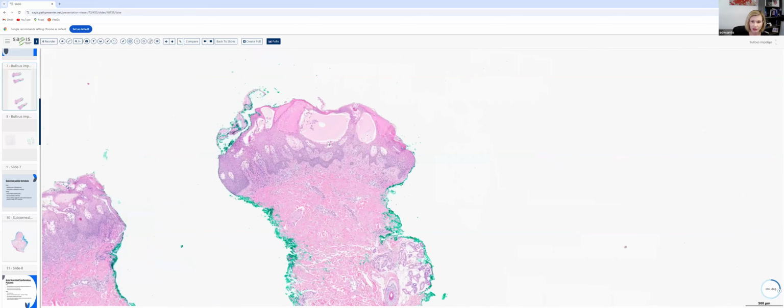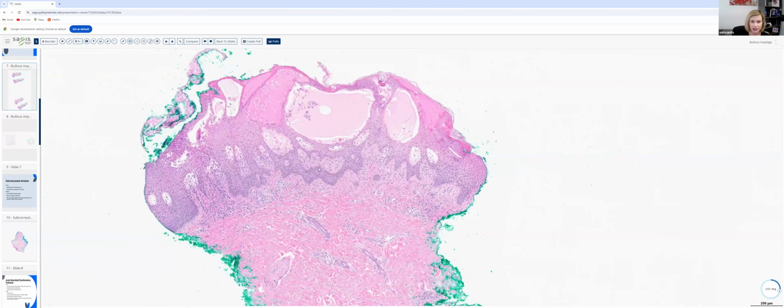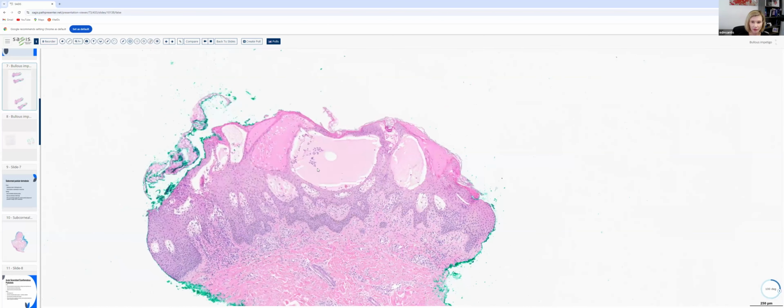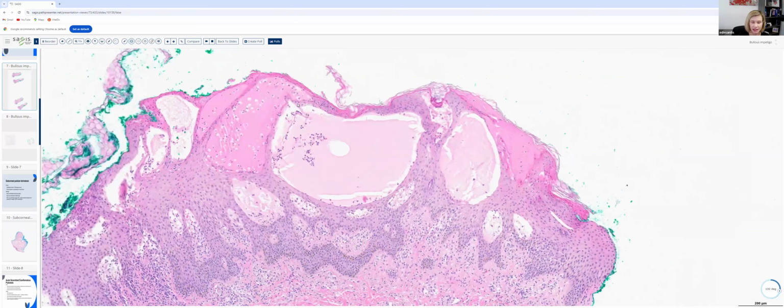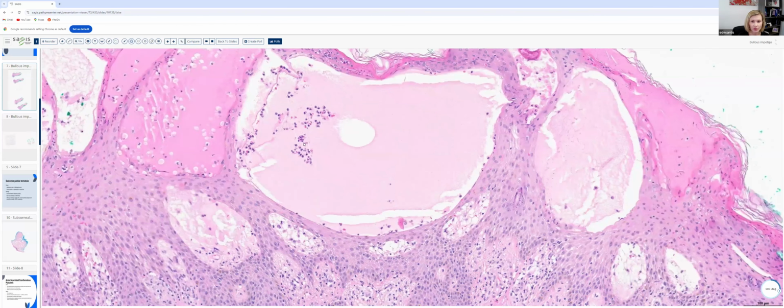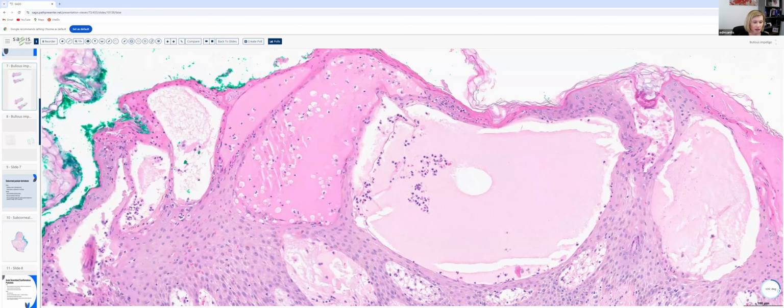So again, we see these large spongiotic vesicles. And as we go higher, we can appreciate numerous inflammatory cells within the vesicles. These cells are mainly neutrophils, and we do see a few scattered eosinophils as well, but lots of neutrophils, so a pustular process.